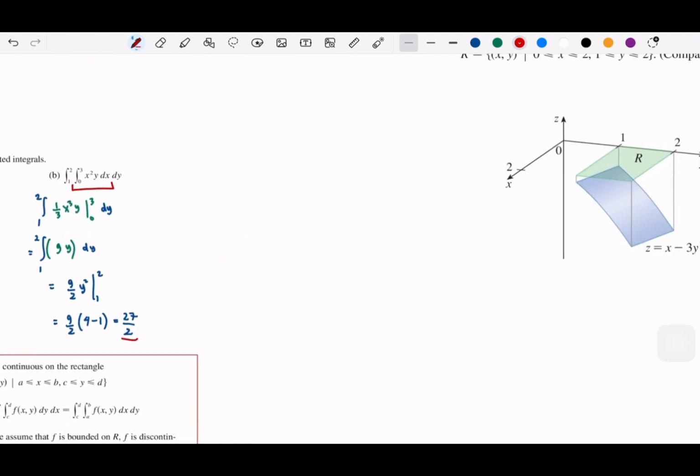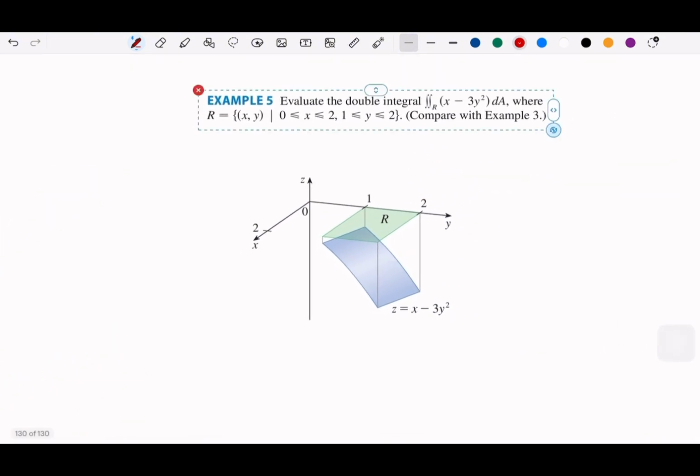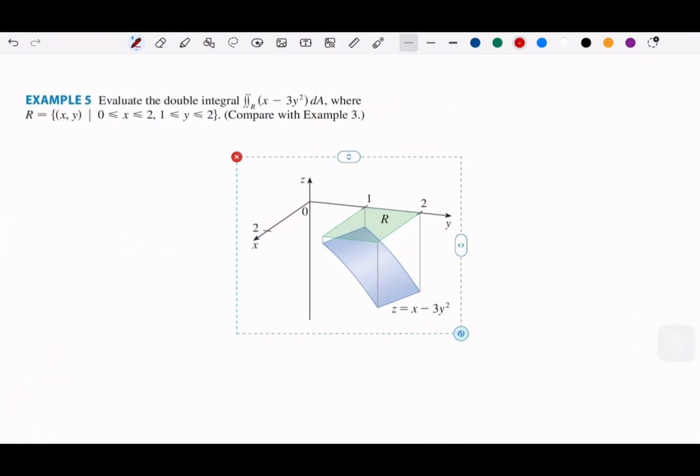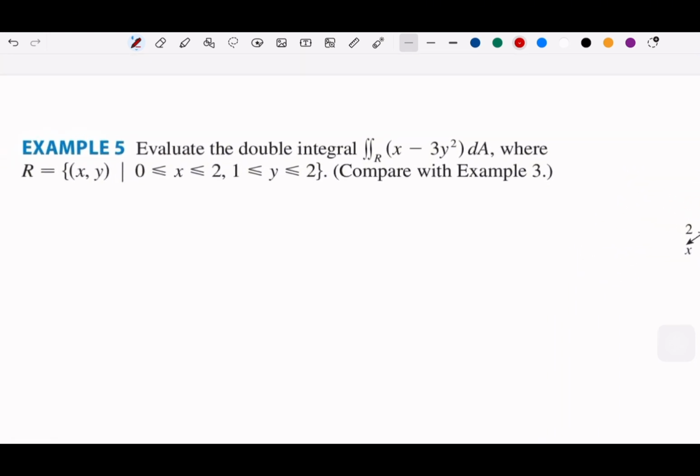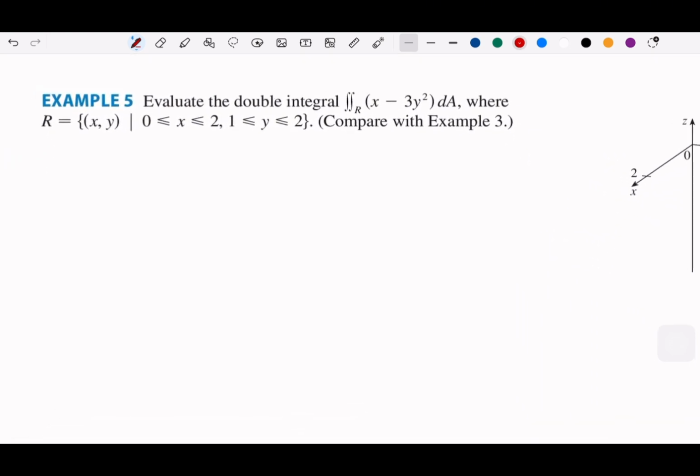Now if we want to check again the double integral, let's start with something very simple. Just follow through the example here. Now we have the region R. It says that x is 0 to 2, y is 1 to 2. So we can have two options.